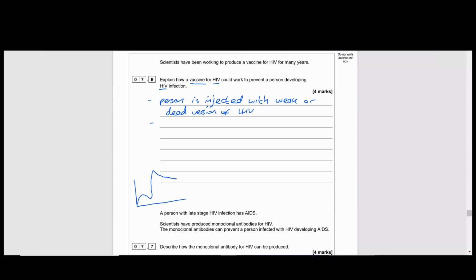So we don't want to write the word body, we want to write the specific part of our body which will respond. And that will be the white blood cells, which will produce antibodies against HIV virus. How do antibodies work? Well, they bind to the HIV virus and destroy it.